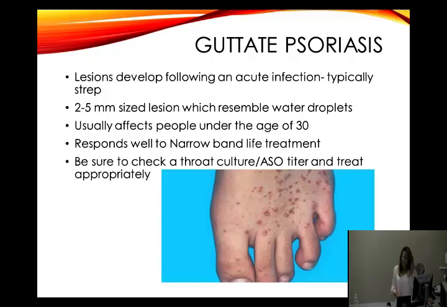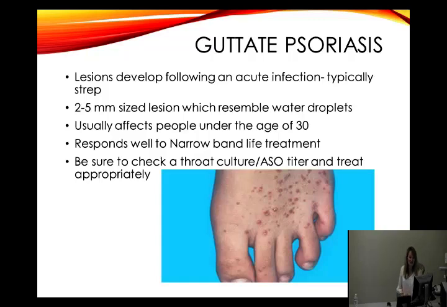So guttate psoriasis. This is a psoriasis that can happen when somebody is exposed to strep. Lesions will develop following an acute infection, usually strep throat. They have 2 to 5 millimeter sized lesions which resemble water droplets. It usually affects people under the age of 30.